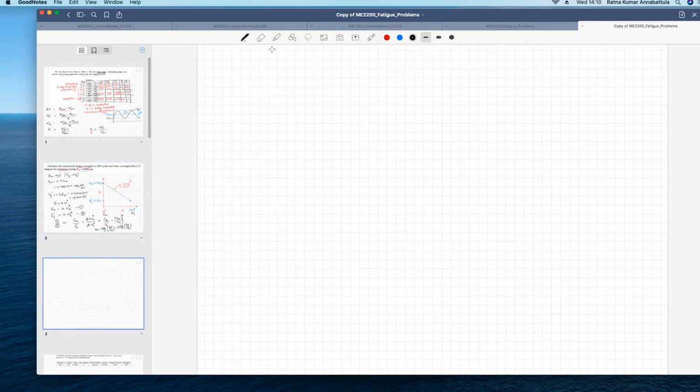Therefore, I can write B is equal to log of SM by SF dash divided by log of NM by NF. That's how I can calculate my value of B.